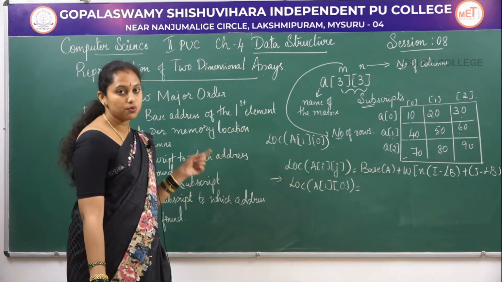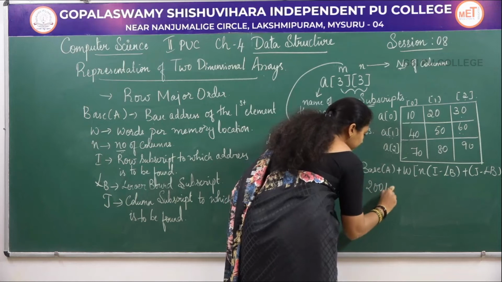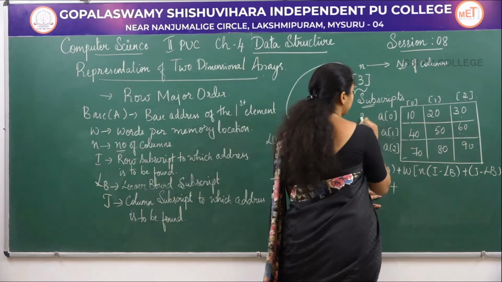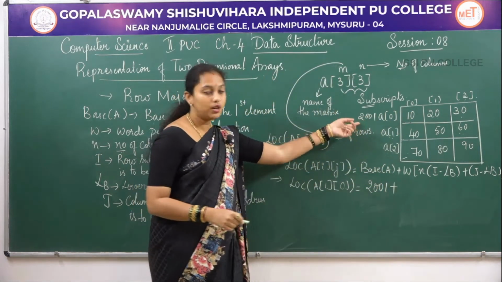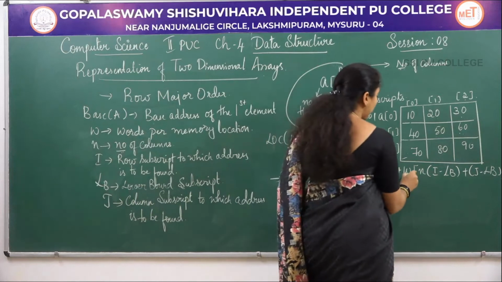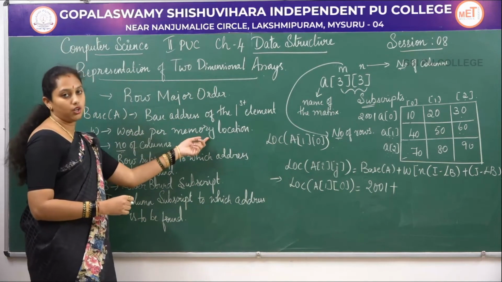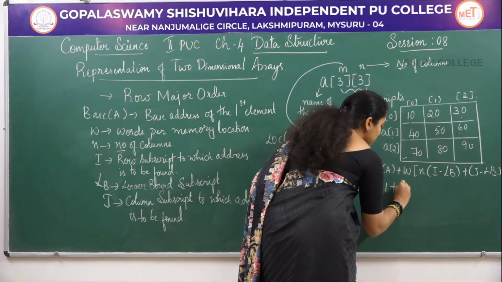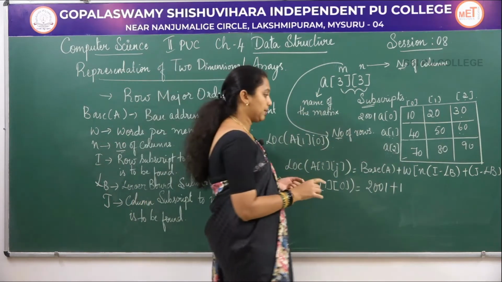The base address was 2001, the address of the first element. So the address of 10 is 2001 plus word. W represents word per memory location. So the value of W is 1. We are storing only one word per memory location.